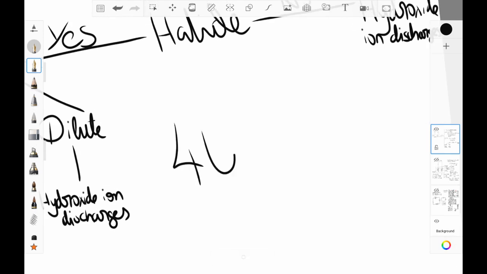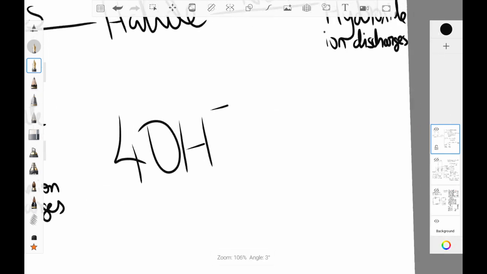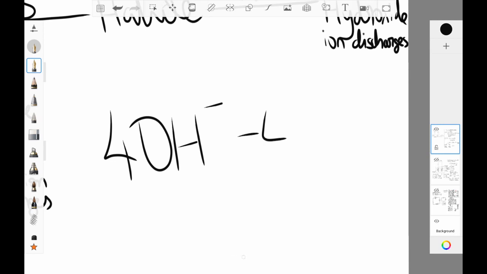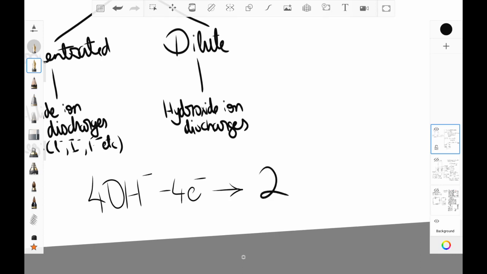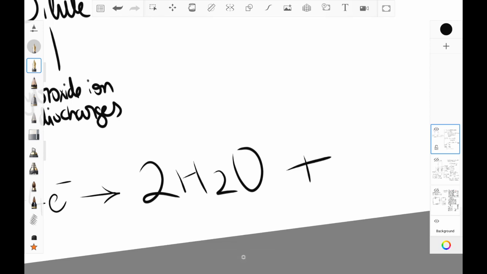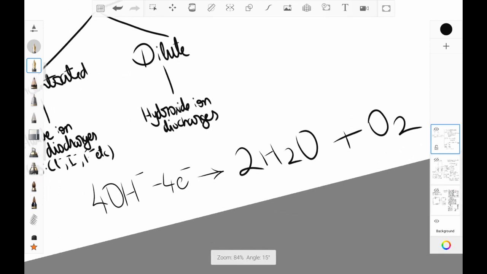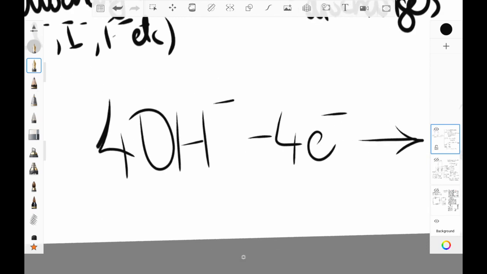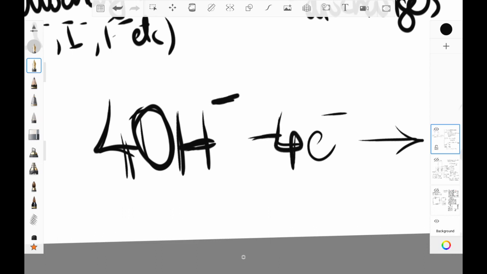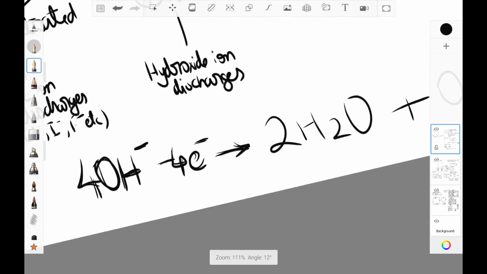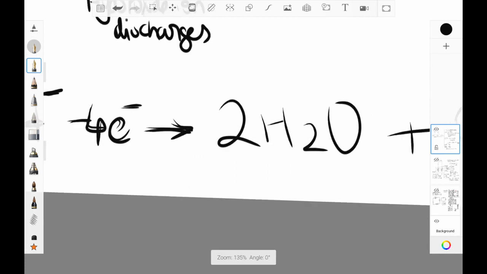So 4OH minus minus 4 electrons gives you 2H2O, so that's 2 molecules of water, plus O2, oxygen. I suggest that you really take note of this half cell equation, because again it's a constant. This one will never change, assuming that the hydroxide ion is the one discharging.